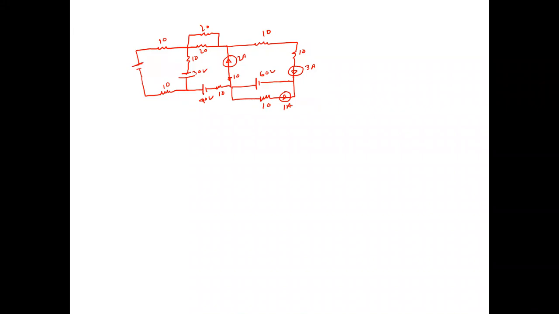Now we use our loop equation. So in this circuit, this one loop, this one loop, this one loop, this one loop, and this another loop. Okay, the circuit completes at this point, and this point.